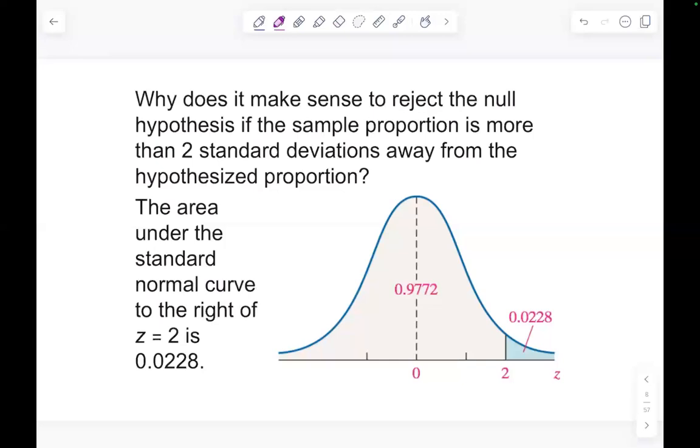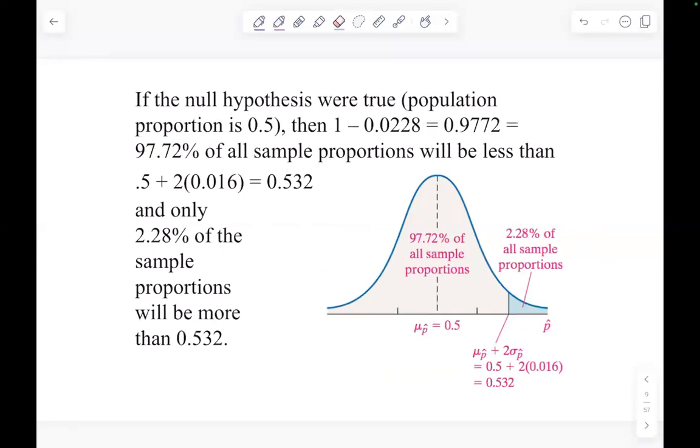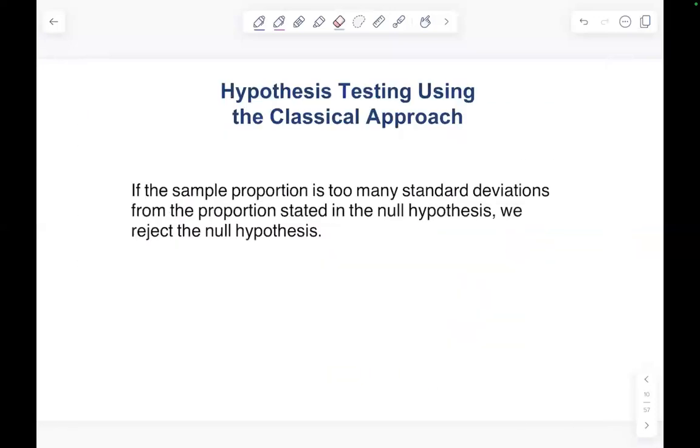The other way that we can do it is looking at probability. The space to the right of 2 standard deviations has a 2.28% chance of happening. So anything out there would be statistically significant. So our other way of solving these is if the probability of it happening, or the p-value, where's the page for that?